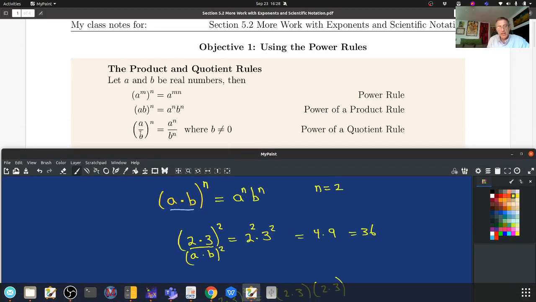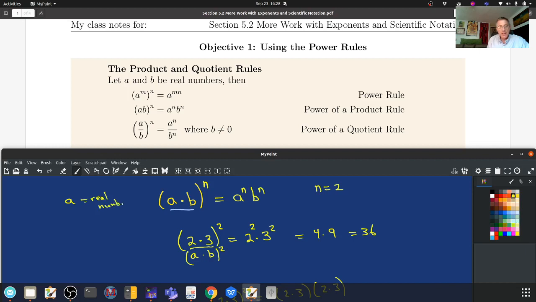And the third is, if I have a quotient, a divided by b, then it's just a to the n divided by b to the n. And of course, we can't be dividing by 0. So this rule is just a special case of the power rule, because when I say let a be a base, that means a is a real number.